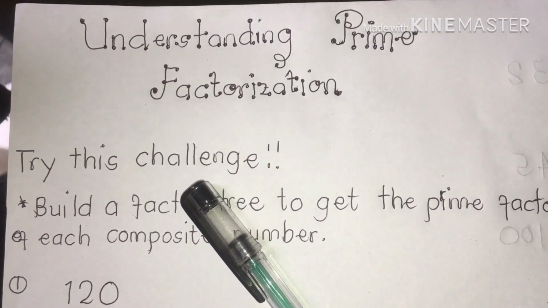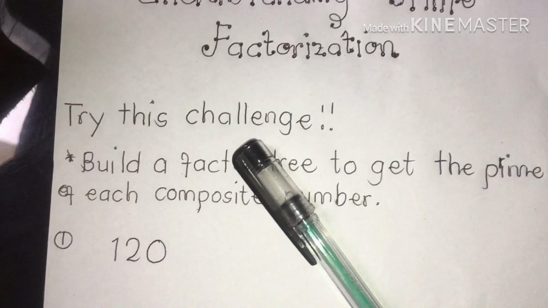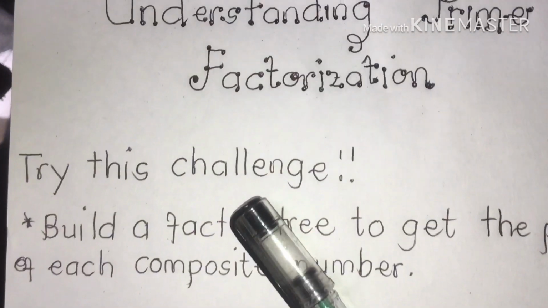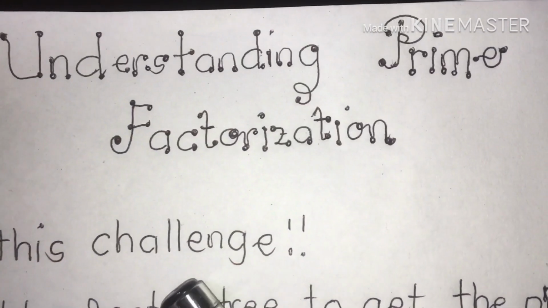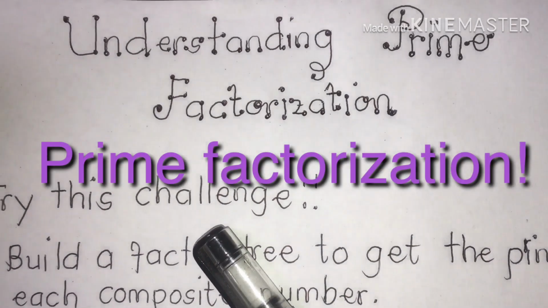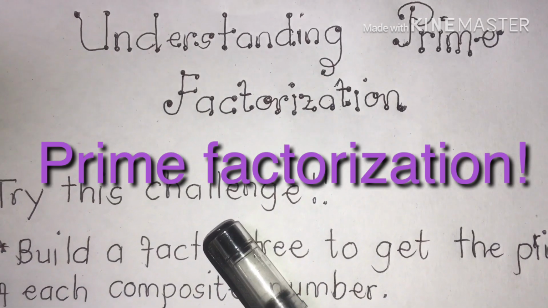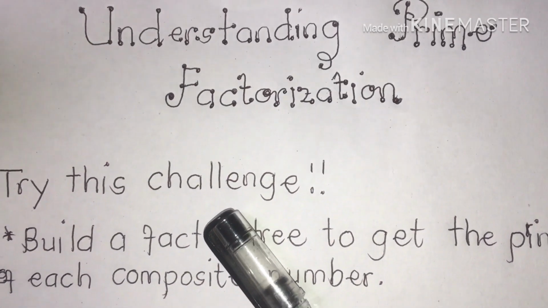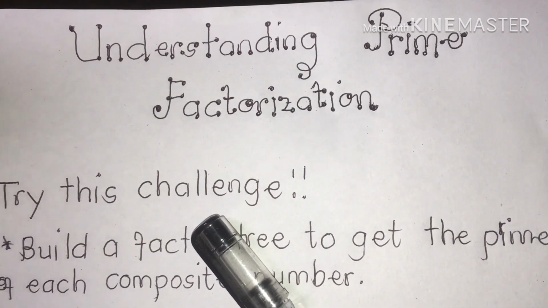Remember, when we write a number as a product of prime factors, we say that we have written the prime factorization of the given number. We are going to apply our multiplication skills to factor or count the numbers properly.